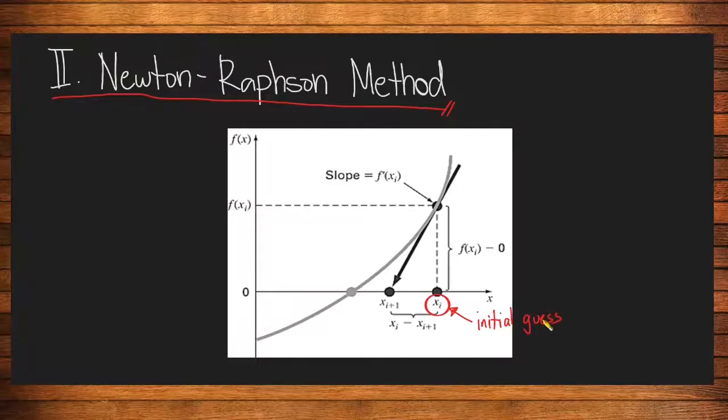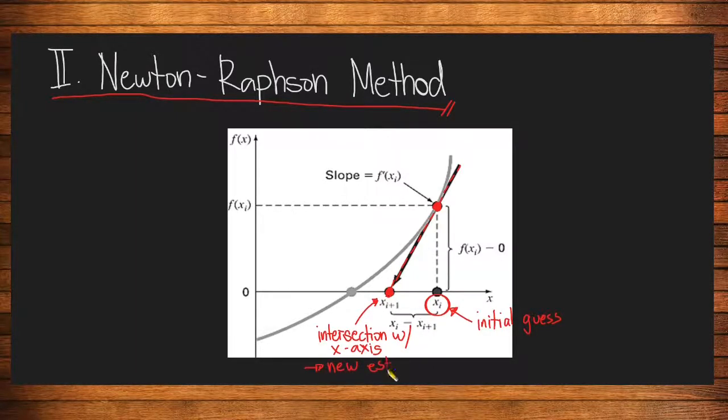The second estimate, let's say x sub i plus 1, is obtained by taking the tangent line to f of x at the point x sub i, f of x sub i, and then finding the intersection point of this tangent line with the x-axis. This point of intersection on the x-axis usually represents a better estimate of the root.